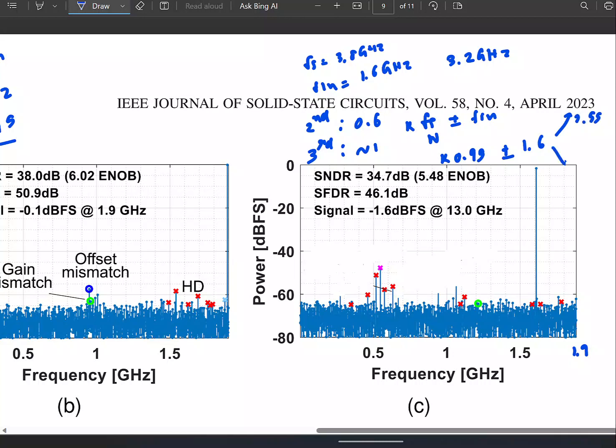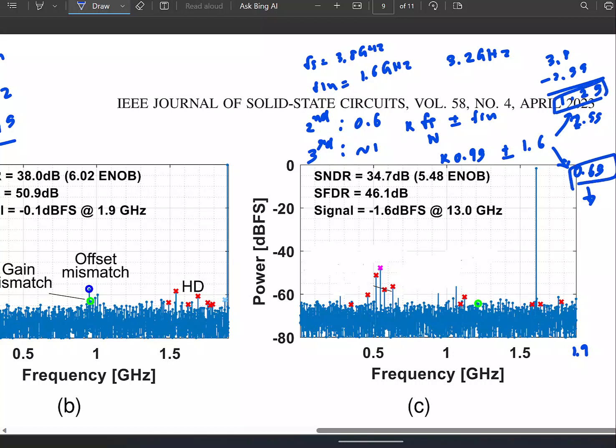And the other one is 0.65 will be present here. 2.55 will alias back to what frequency? 3.8 minus 2.55, which is around 1.25.